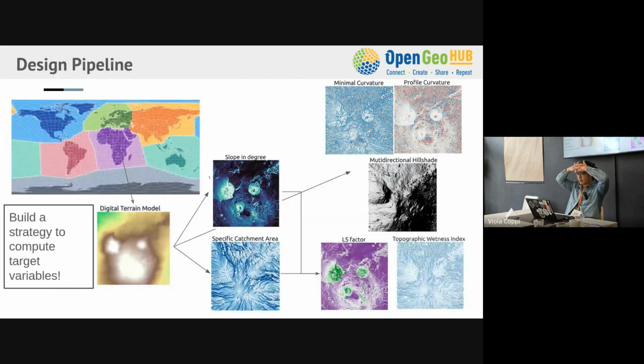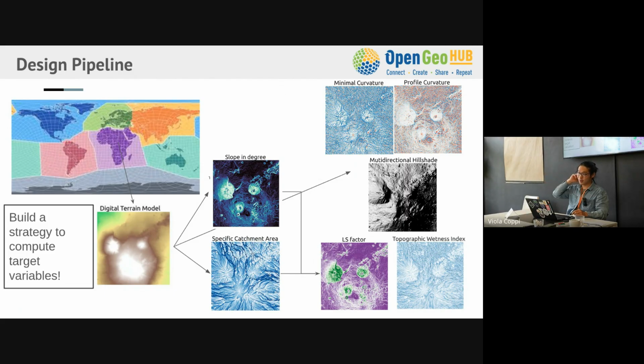And at the end, we would design the pipeline. Okay, we have all this parallelization knowledge, so how to build a great strategy to compute all these variables. In this way, you have to know what kind of variables you want to compute. In this scenario, we want to compute the global digital terrain model for slope, for LS factor, the length slope factor, and the topographic gradient index.